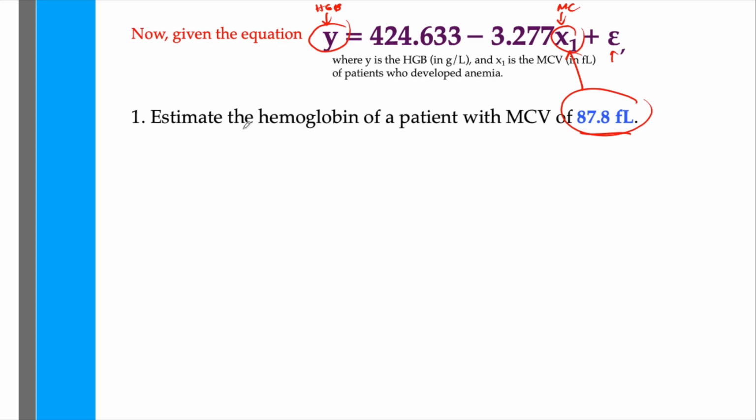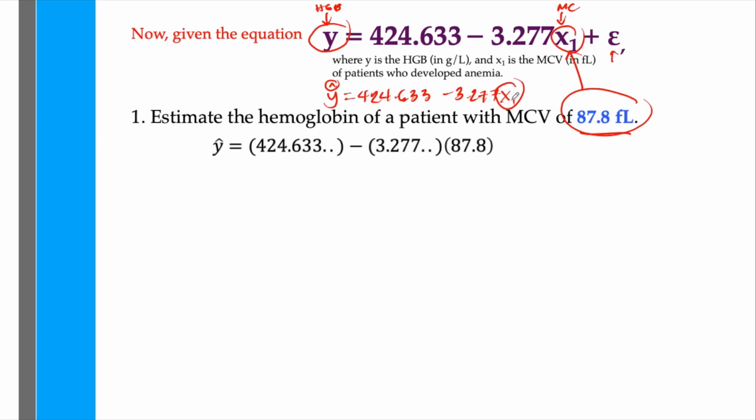So in other words, to estimate y, so I'm using y hat, all we have to do is to use this equation. Again, without the epsilon. So substituting 87.8 as your x sub 1, we're going to have 136.91 as the estimate of hemoglobin.